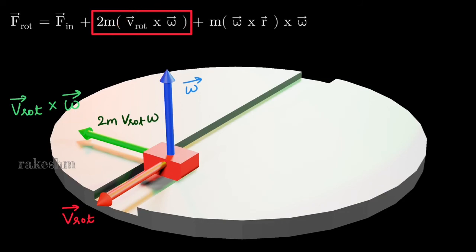So 2m into v into omega. The direction is this and the magnitude of this force is 2m v omega. This force is a fictitious or pseudo force which we write in the rotational frame of reference. It is called Coriolis force.